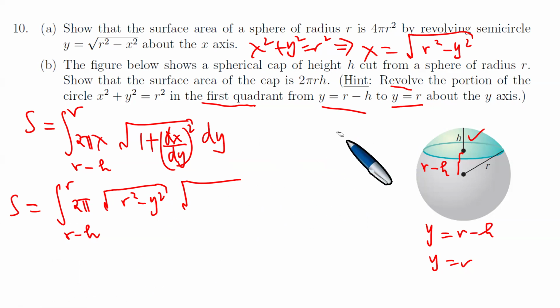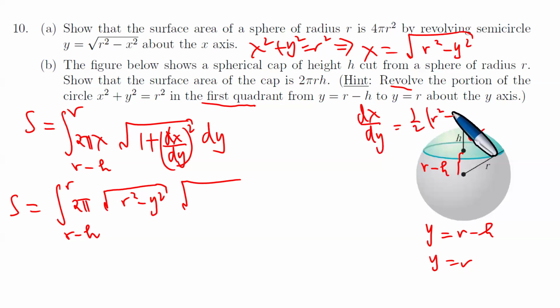So the dx dy you can get from differentiation. Out of this, you can find the dx dy, which is 1/2 times r squared minus y squared to the power minus 1/2. Then you have the derivative, which is minus 2y.